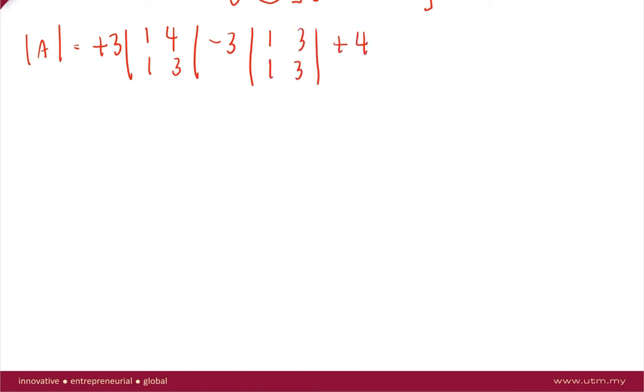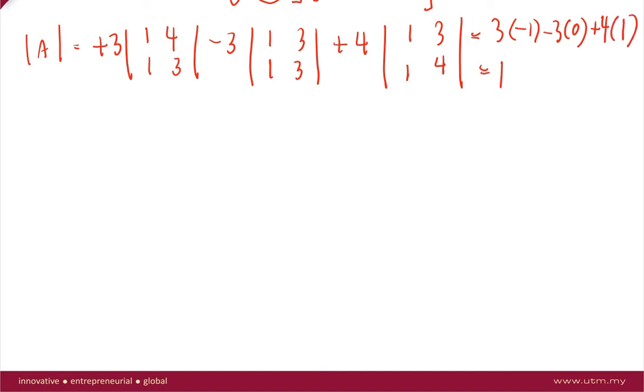So the number is 3, so we have plus 3 times the minor 1, 1, 4, 3, then minus 3 times 1, 1, 3, 3, and then plus 4 times 1, 1, 3, 4. So this equals 3 minus 1 minus 3, 0, plus 4, which equals 1.